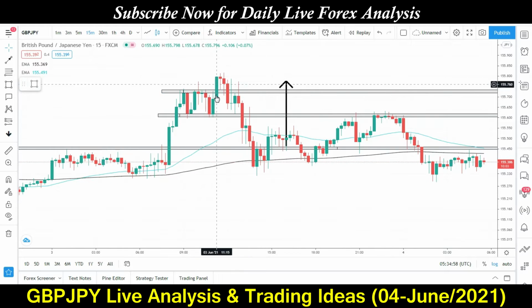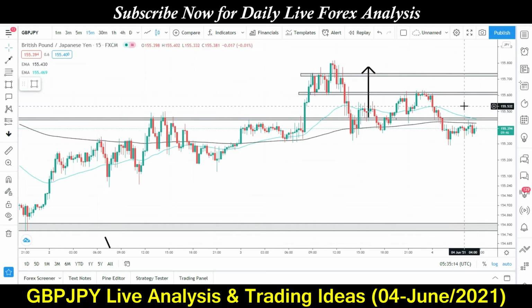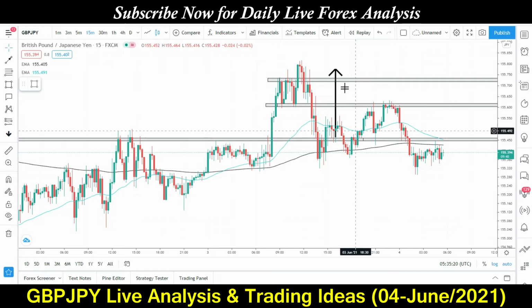So this candle broke this resistance, closed far away from this resistance, and the next candle came down to retest and closed as a bearish candle. That's why we did not open any trade and the market came down. So on GBPJPY, yesterday I didn't get any trade. Okay, so this was the previous day analysis.